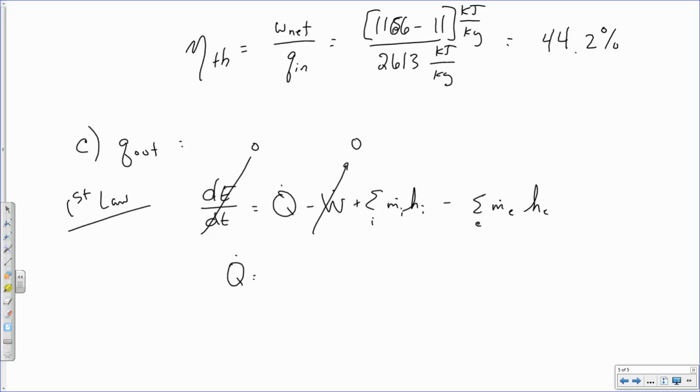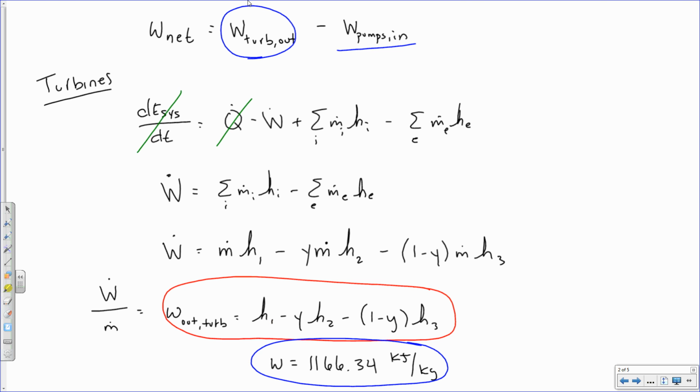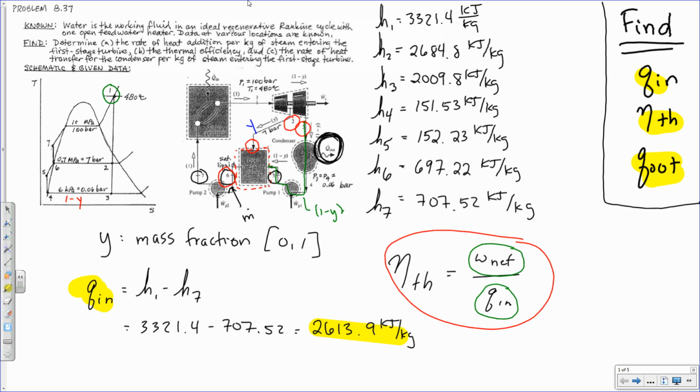Q dot turns out to be, well, M dot of all of the exits. What are the states at the exits? We go back up to our diagram. The exit is state 4. The inlet is state 3.